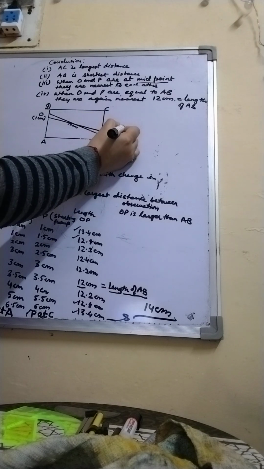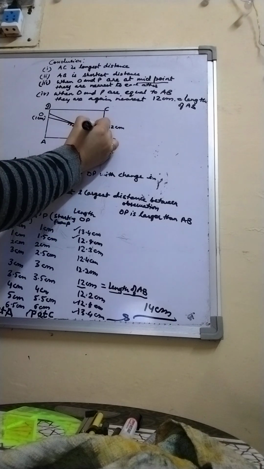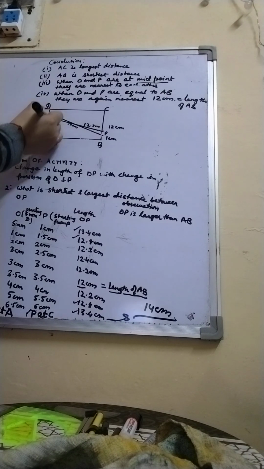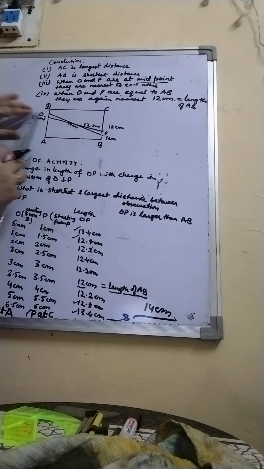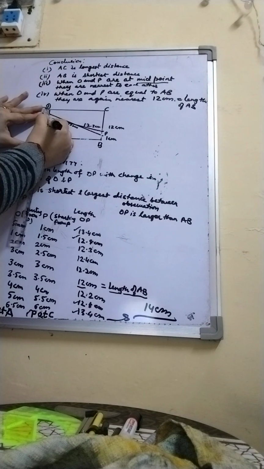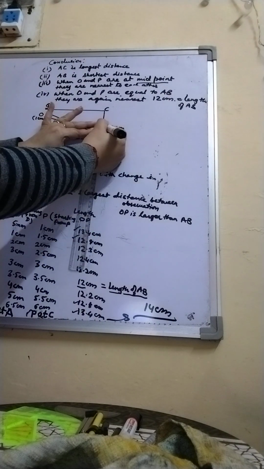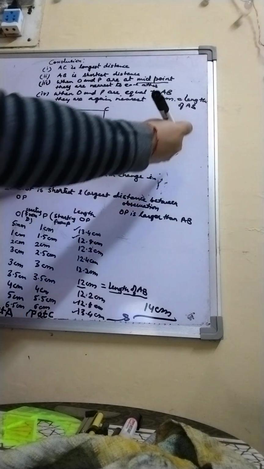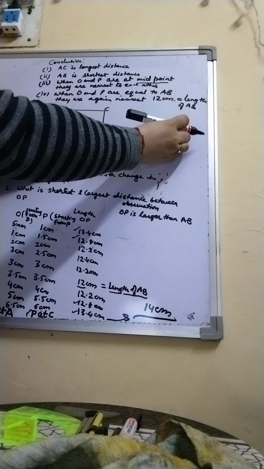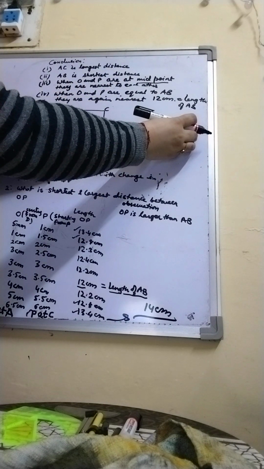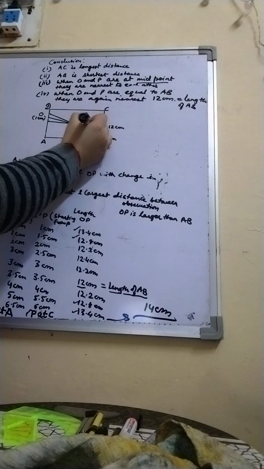So you can see that the distance is changing when the points position are changing. So almost 1 centimeter it has moved when you move the point to 1 centimeter. Let us take it as 3 centimeter, and here also 3 centimeter. So we would get the point at almost 12.1 centimeter.